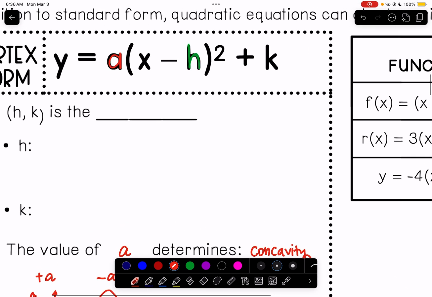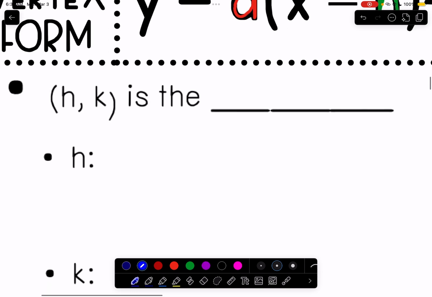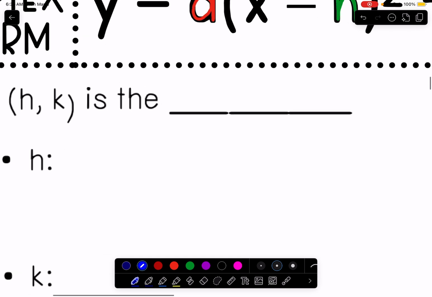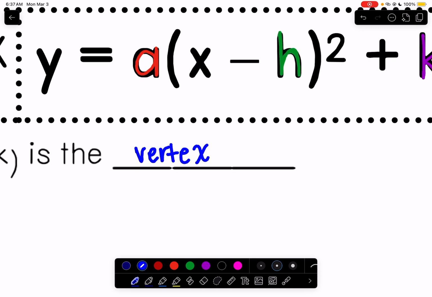Now for the h and the k, if I had you guess what h, k is the coordinates of, what important point are we talking about today? Well, the vertex. So we get the h and the k from the ordered pair of the vertex.